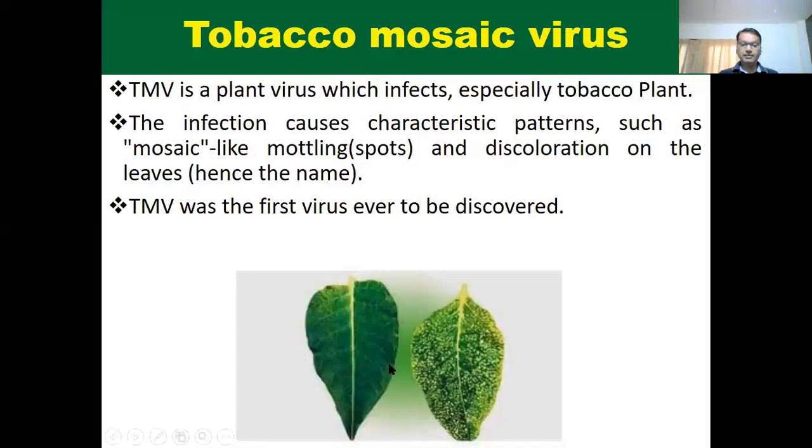So here is the diagram. The pictures are here. You will see this one is a normal leaf and this one is the infected one, on which alternate light green and dark green patches are there, isn't it?